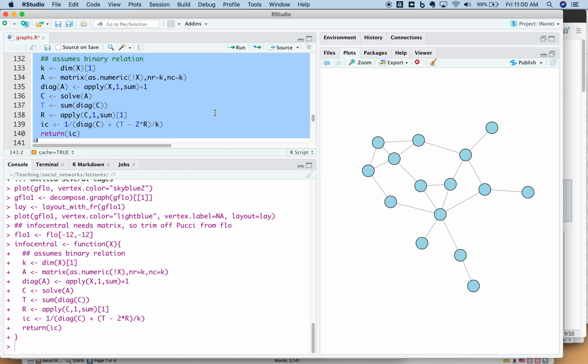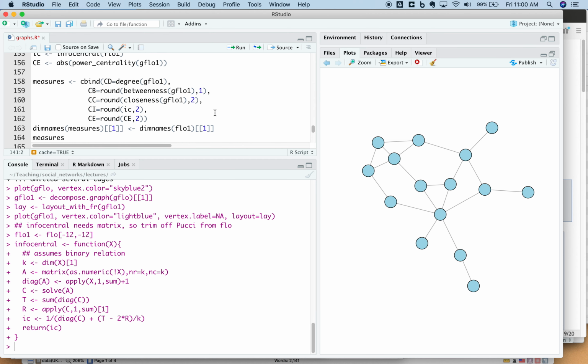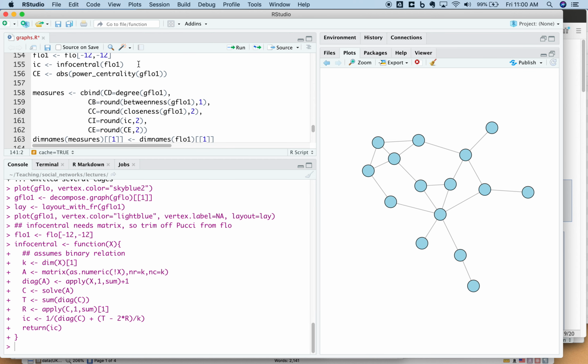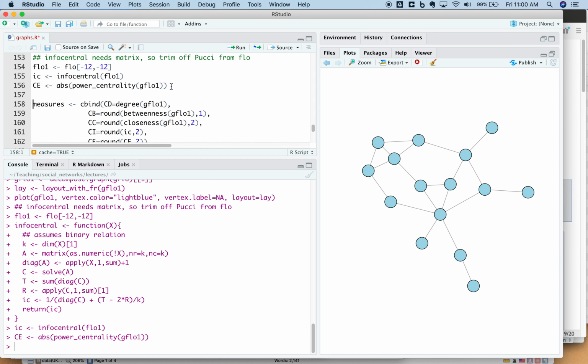There it is. Okay. So we can calculate that, and we can calculate Bonacich power centrality, which is his derived eigenvalue measure. Call it CE. We'll take the absolute value of that. It's an iGraph function, power centrality. It takes a graph as an argument.